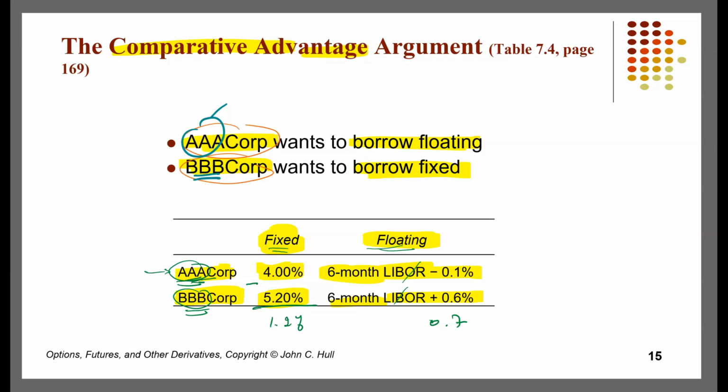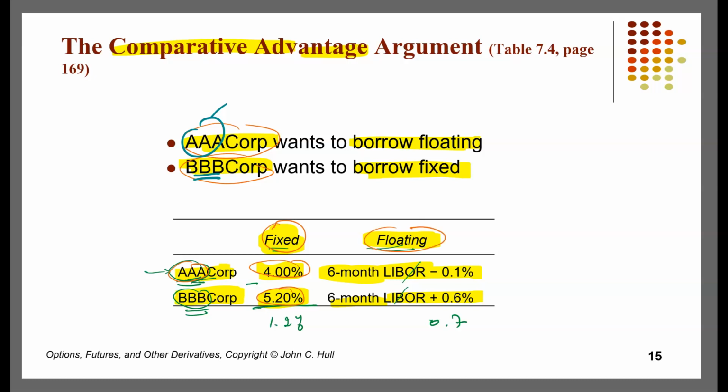And so what we learn from here is that there is a difference in the two markets that can be taken advantage of. The way I like to think about this is the idea of arbitrage. Intuitively, the spread between the rate that AAA is paying and the rate that BBB is paying in the fixed market should be about the same in the floating market.